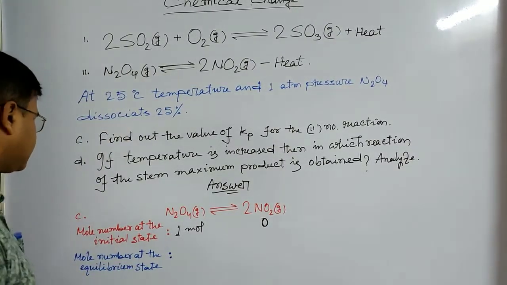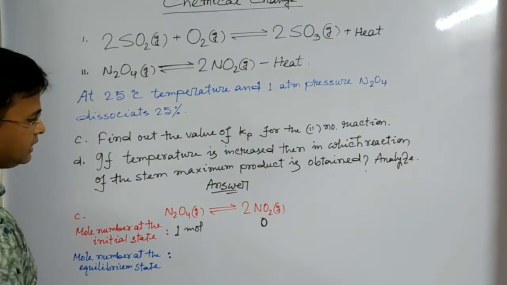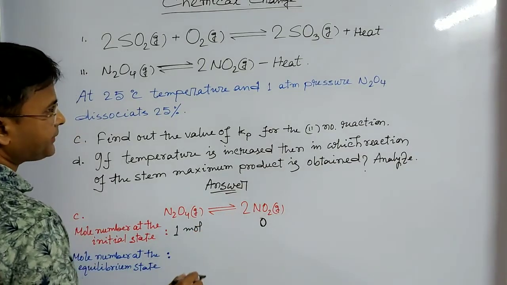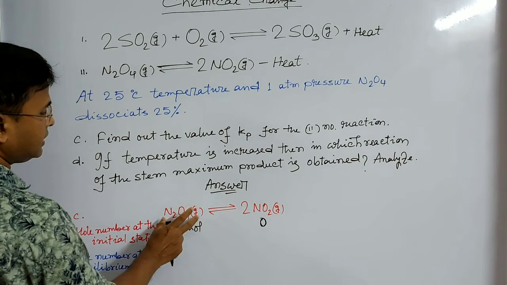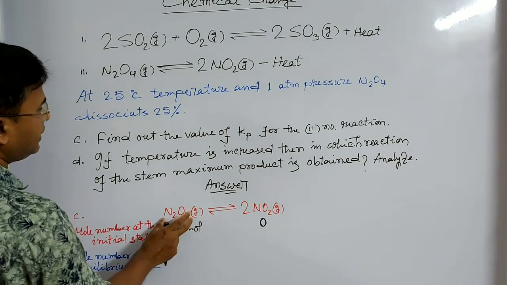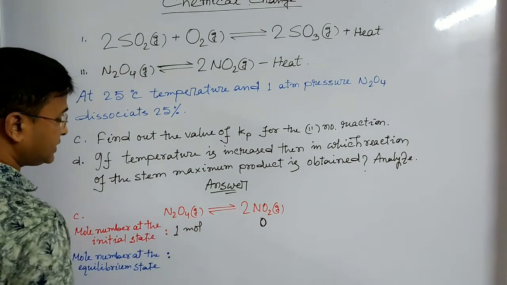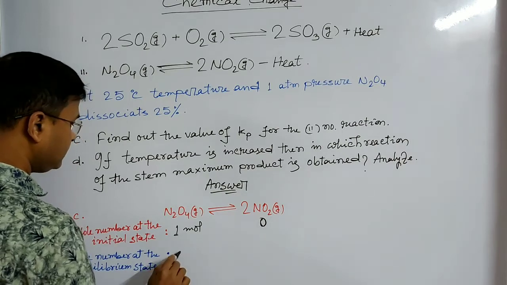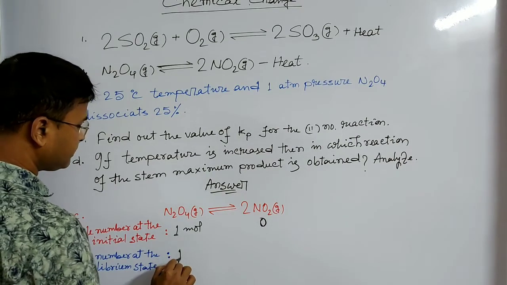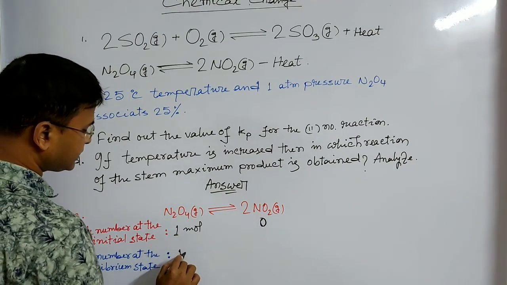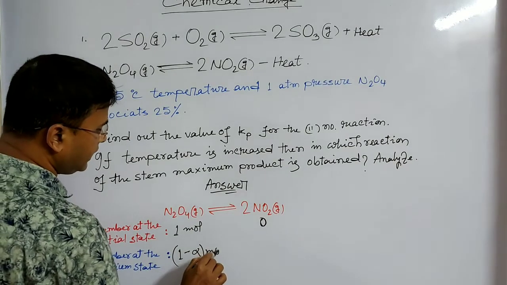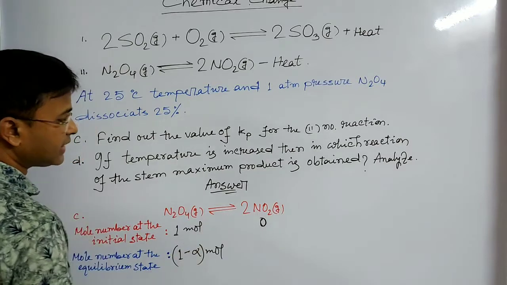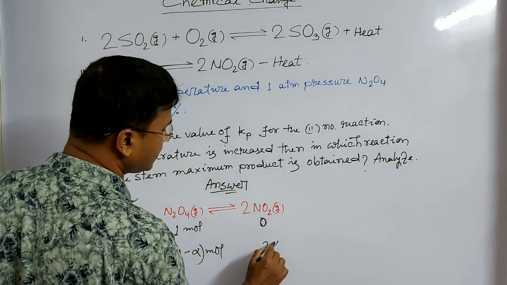But mole number at the equilibrium state: let the degree of dissociation of nitrogen tetraoxide be alpha, so the remaining mole number of nitrogen tetraoxide at the equilibrium state is 1 minus alpha mole, and as there are 2 moles, it will be 2 alpha mole.